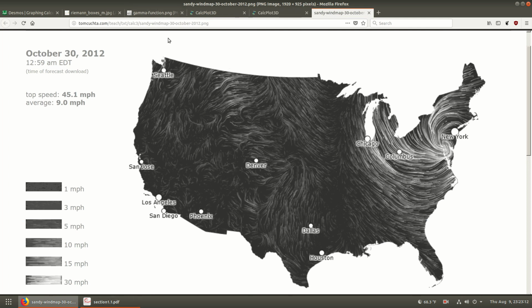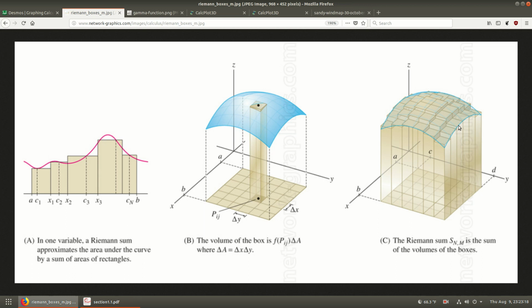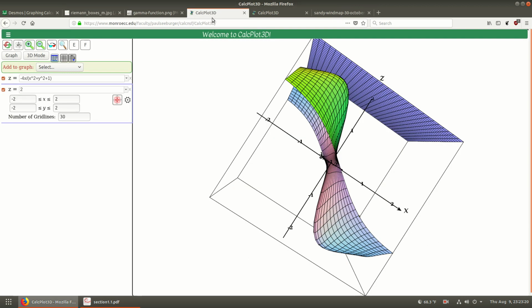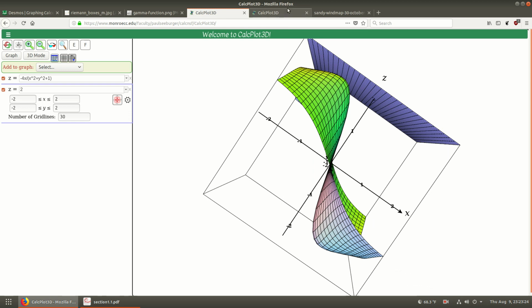So, Calc 3 is sort of a meditation on these three things. We have the area, the volume under a surface. We have tangent planes and things you can do with that, which will include multiple variable optimization, things like this.